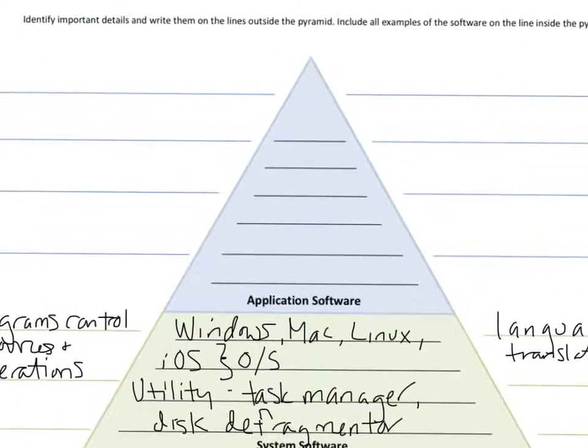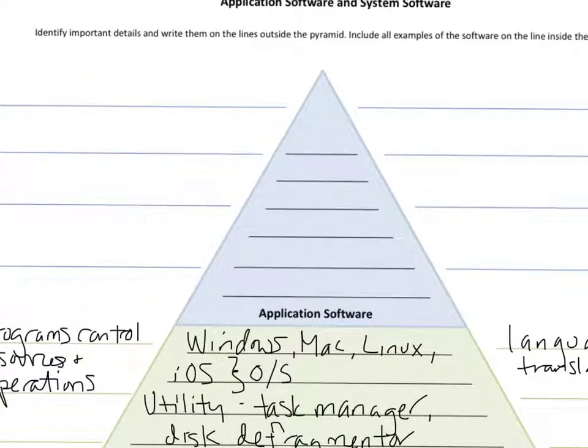All right, application software. What do you guys have written on the outside? Quinn. Productivity software. Right? Productivity software.